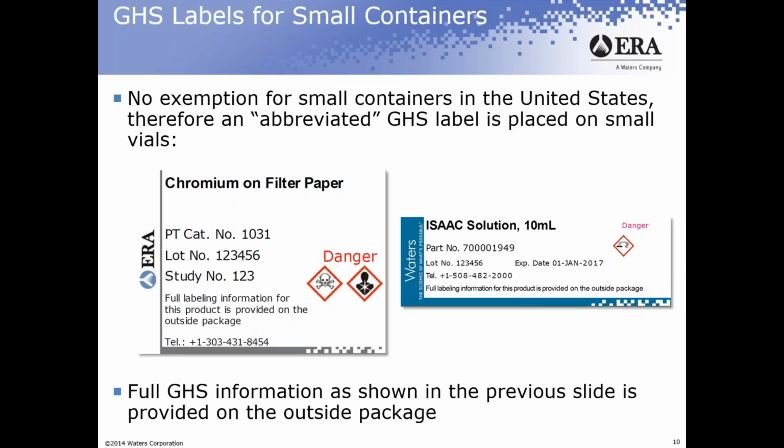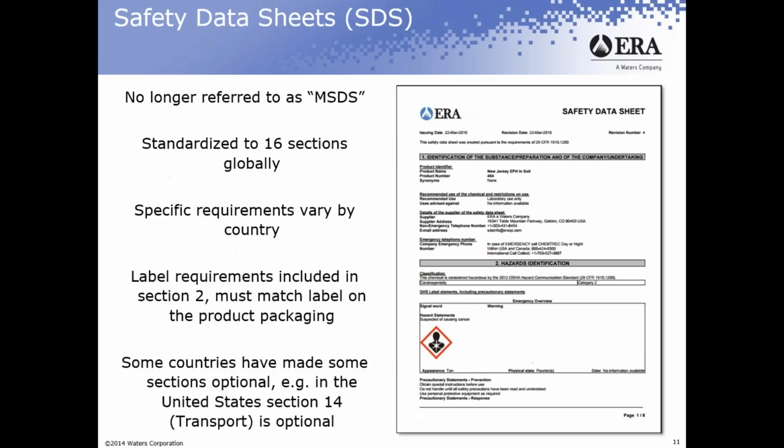OSHA has presented two letters of interpretation regarding this, and they are very emphatic about this happening. And in other countries, there are exemptions that are different than the United States. So just beware for those of you who do business in different countries that there are some differences here.